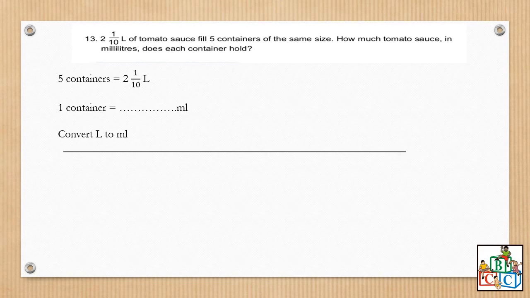You should convert the liters to milliliters. So you're going to convert 2 liters to milliliters, then 1/10 liters to milliliters. You're going to do 1/10 times 1000 to get the answer. Then you're going to find for one container, which means divided by 5. Then you will have your answer in milliliters.